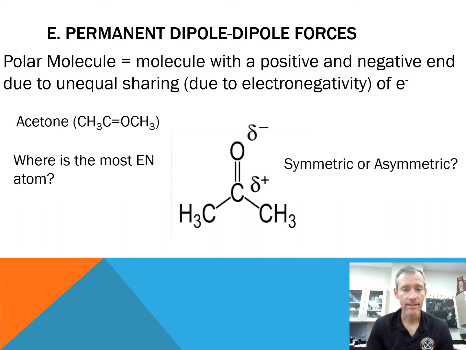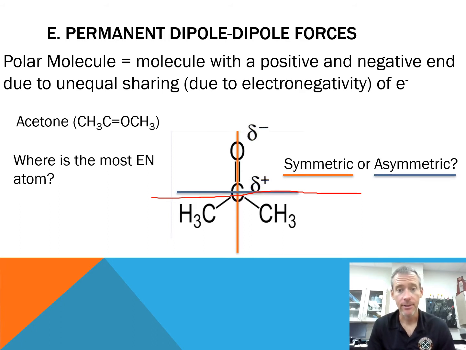And if I split this in half, if I go vertical, it's equal on both sides. It's symmetric. But if I go horizontal, it's not symmetric. You have oxygen on one side and carbons on the other. So this would be asymmetric, with the blue.